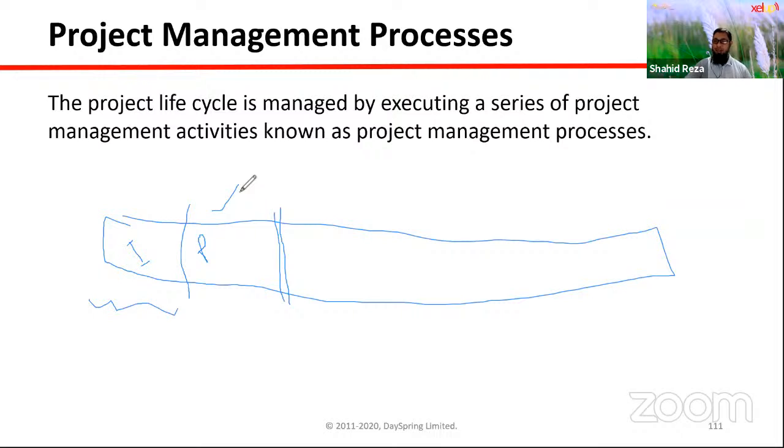And one thing, please keep in your mind, one of the core things of PMBOK is that without planning, you should not do anything. Plan first, then do. This is the general guideline of PMBOK. You should plan for anything you execute. Without planning, you should not do or execute anything. So the first thing is initiation, second thing is planning.